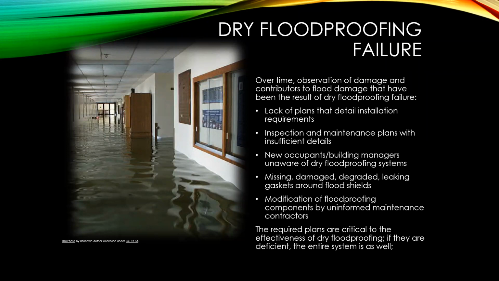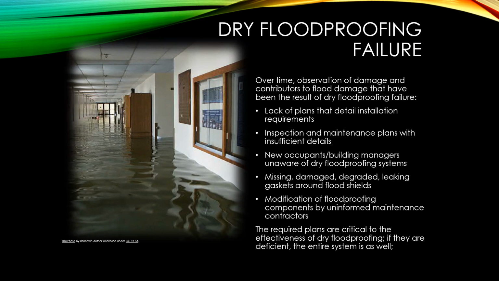So what contributed to failure: a lack of plans that were detailed enough, poor maintenance, new occupants move in and no one tells them that there's a floodproofing system or how it works, missing, damaged, or degraded gaskets that are supposed to seal things off, so they just don't work when we're ready to install them.